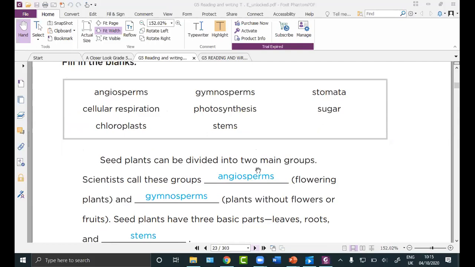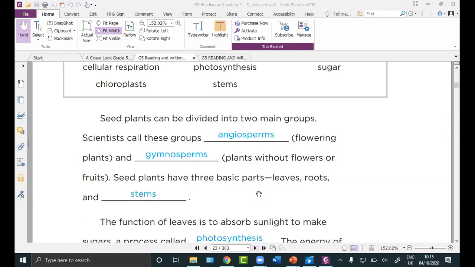The function of leaves is to absorb sunlight to create sugars, a process called photosynthesis. Thank you. Stop, please. Faris Ammar, continue.